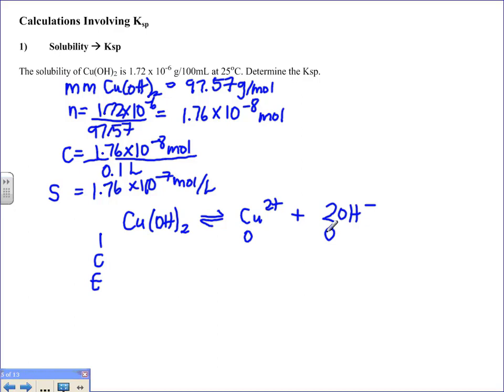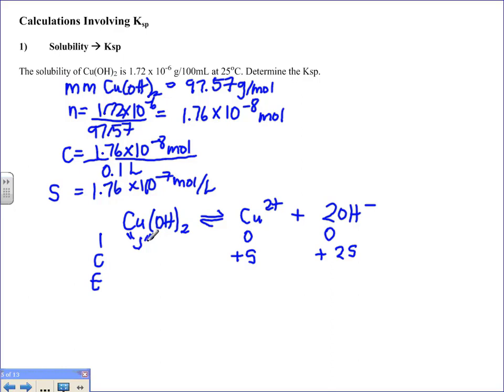And what we do when we study solubility equilibrium, instead of using X, we use S to describe the changes. So this is increasing by S. And this is increasing by 2S. Okay, because if we think about this, I'm going to put it in brackets as S because it's a solid, so we're not actually going to involve it in our calculations.